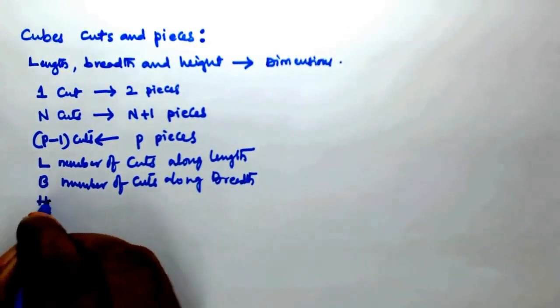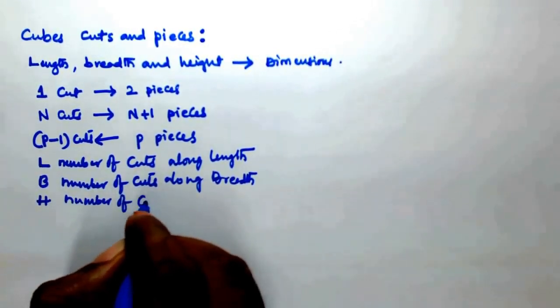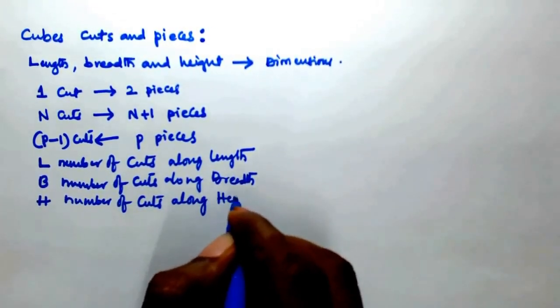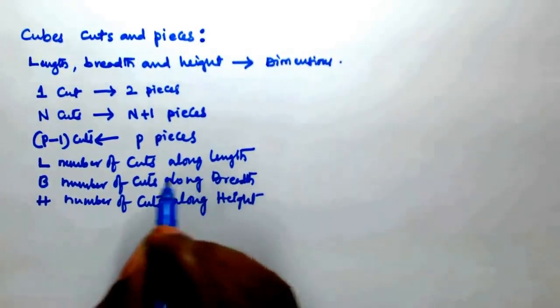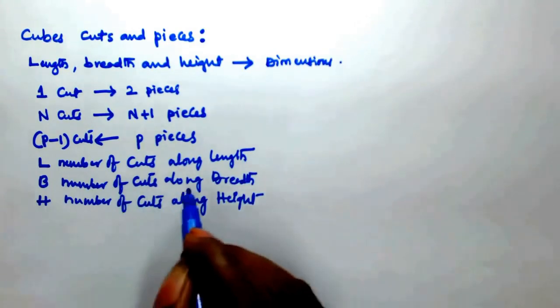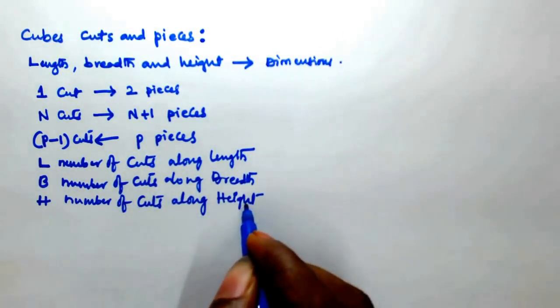And H number of cuts along height. So let us assume L number of cuts along length, B number of cuts along breadth and H number of cuts along height.